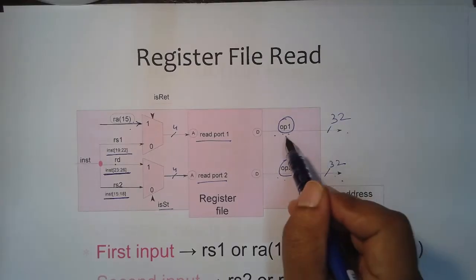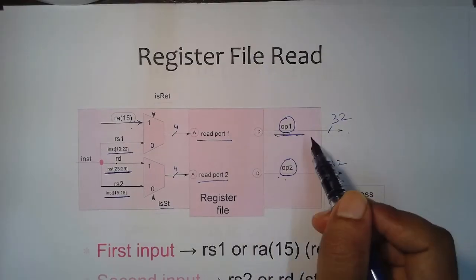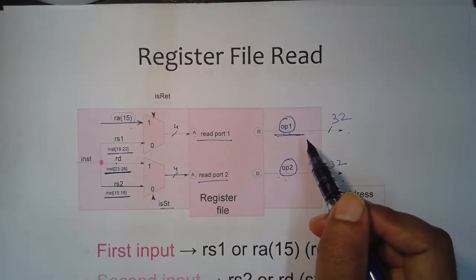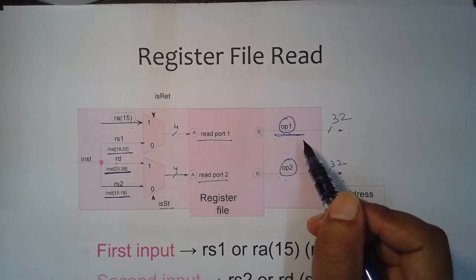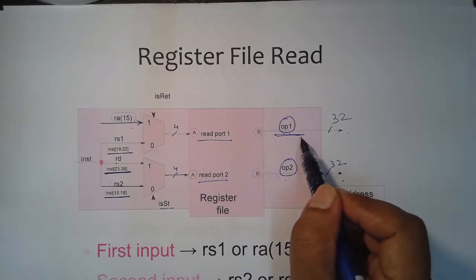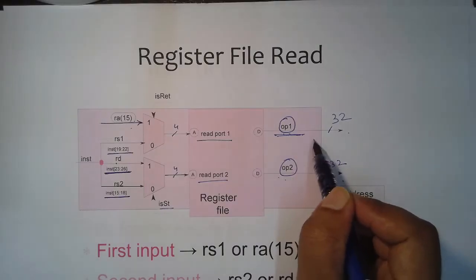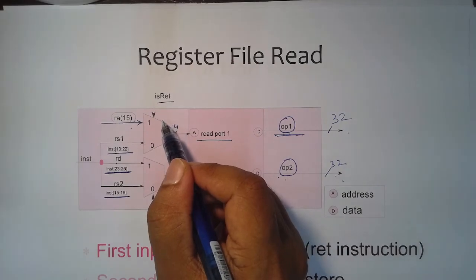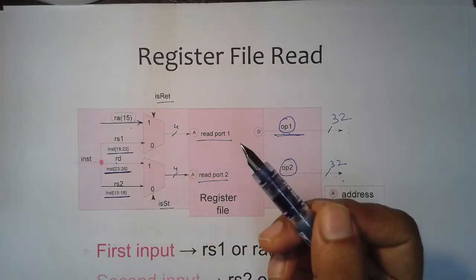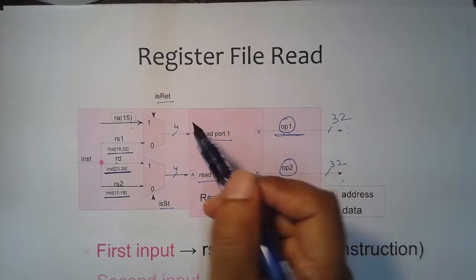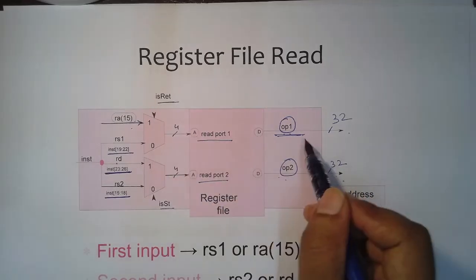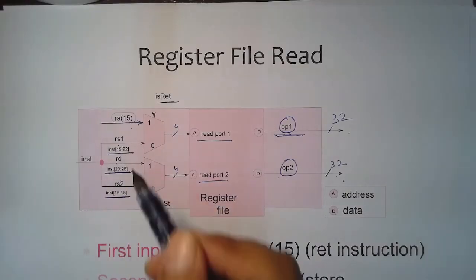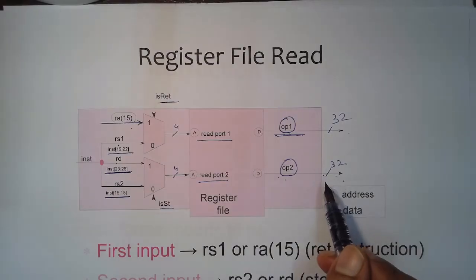Now, this first OP1 is a branch target address, or the return address in case the instruction is a return instruction, RET. If this is not a return instruction, then this OP1 will be your source 1. Now, the OP2 again can have two possibilities.